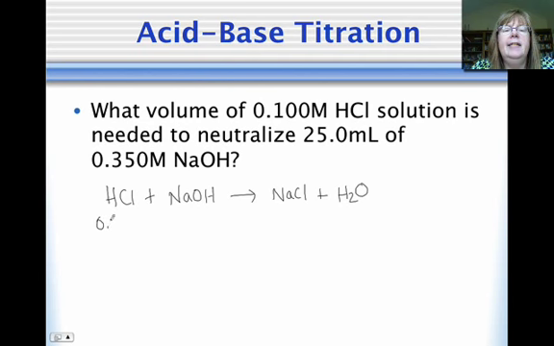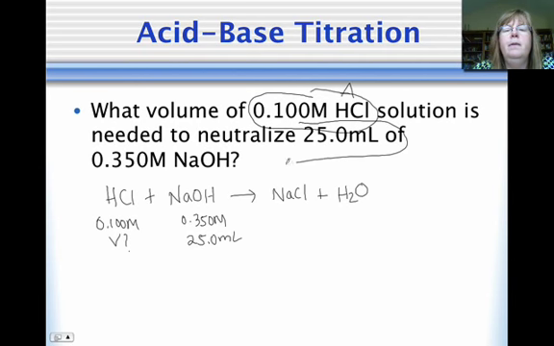So on my acid side, I've got 0.1 molar, and they want to know what volume of it to neutralize the 0.35 molar NaOH, and we have 25 milliliters of it. So here is all the acid stuff, and here is the base stuff.